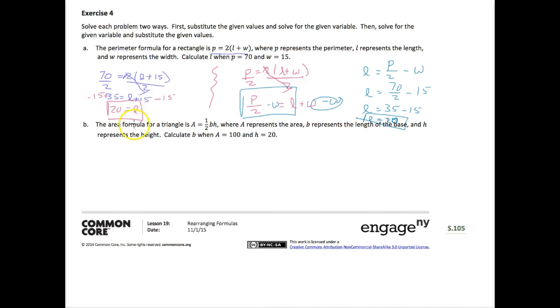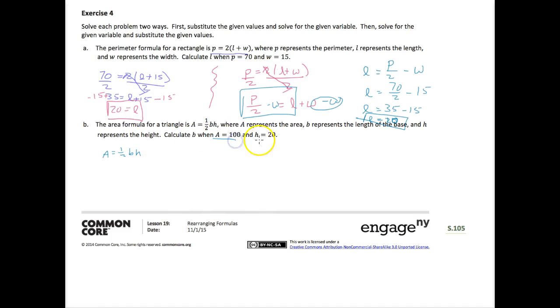Nice. The area formula for a triangle is 1/2 base times height, where area is represented by A, B represents the length of the base, and H the height. Calculate B when A is 100 and H is 20. So let's see, we've got A equals 1/2 BH.